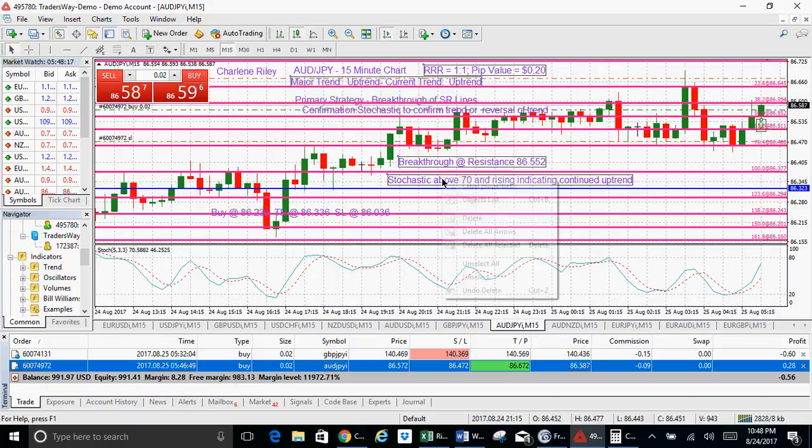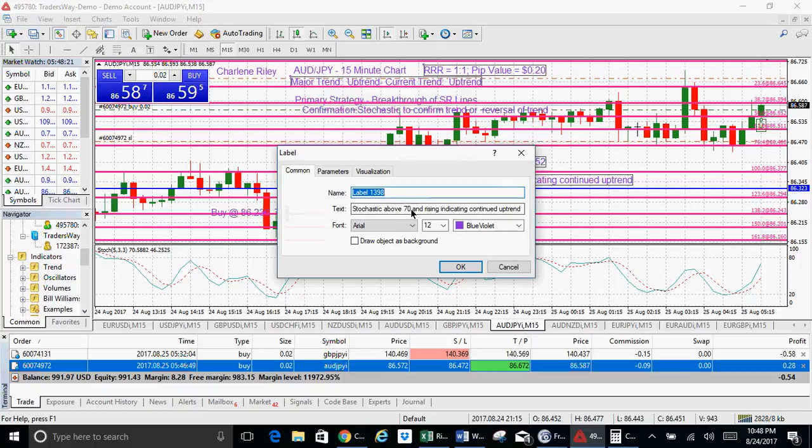And the stochastic was at 65 and rising.